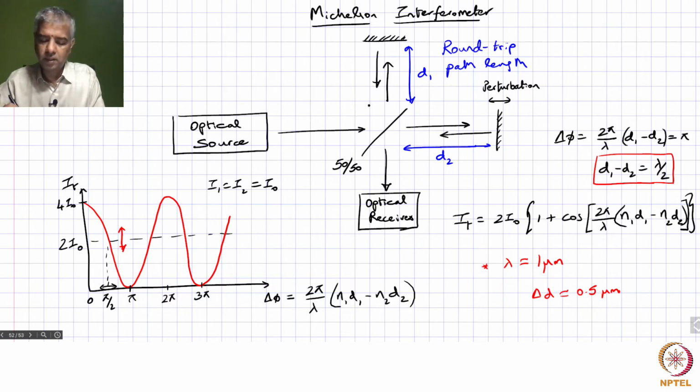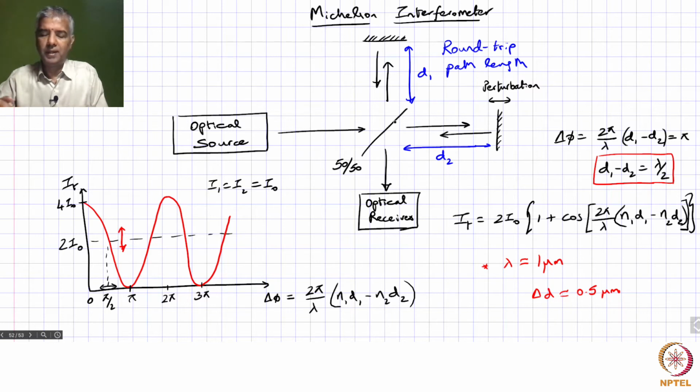That means the relative position of the two mirrors and this beam splitter has to be quite sturdy. Like we said, even a fraction of a micron can destabilize the entire setup.